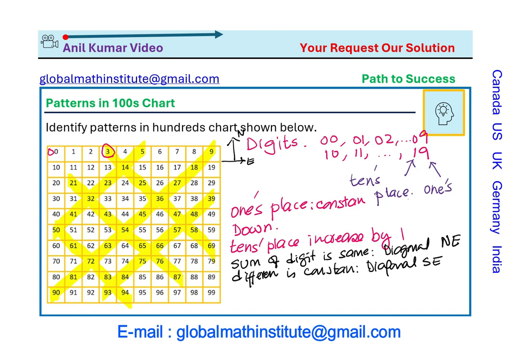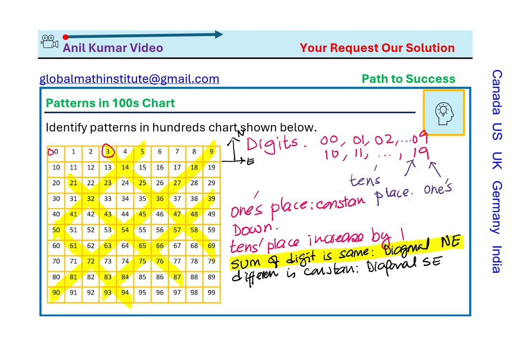That follows the sum pattern, which is 9 in this particular case. So you see, we have discovered many patterns here, and we are also seeing that patterns can be identified along the rows and along the columns.